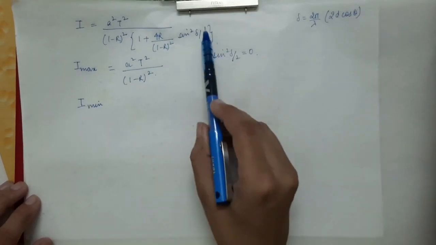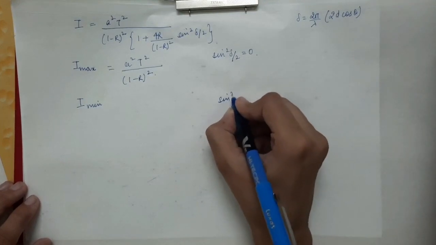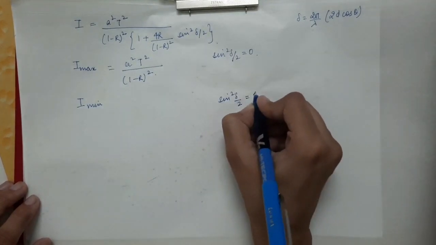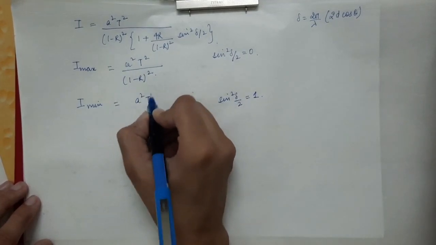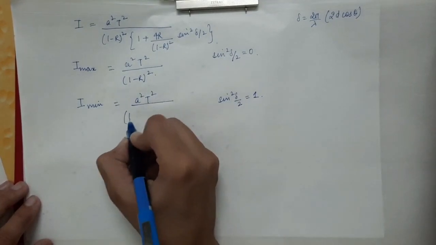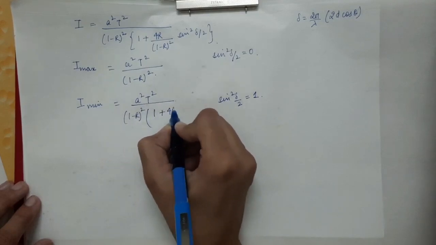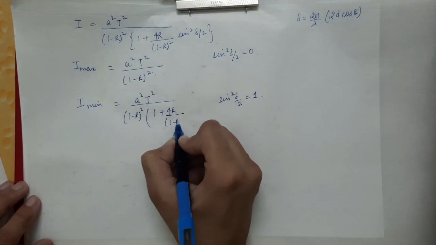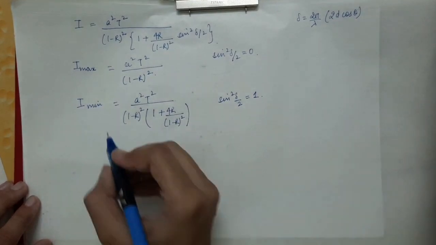So for maximum denominator, this term should be maximum, means sine square delta by 2 should be equal to 1. So in that case, I minimum will be equal to a square t square over 1 minus r whole square times 1 plus 4r divided by 1 minus r whole square. So this will be the minimum intensity.